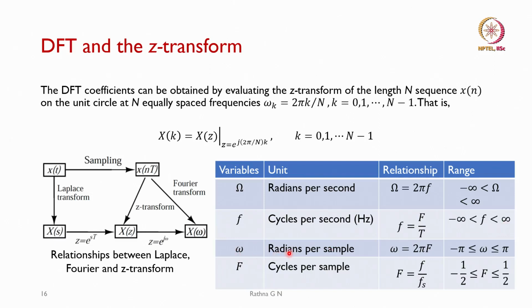Omega we usually represent in radians per sample, and omega is equal to 2 pi f, which varies between minus pi to pi, or it can vary between 0 to 2 pi, and this is between minus half less than or equal to f less than or equal to half. So, this is the relationship between the Z transform and the DFT.